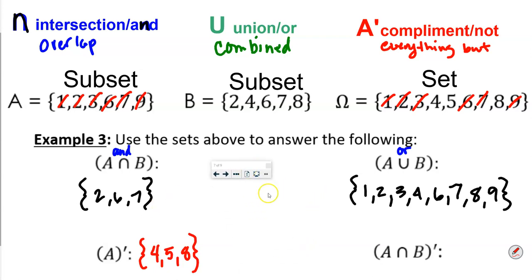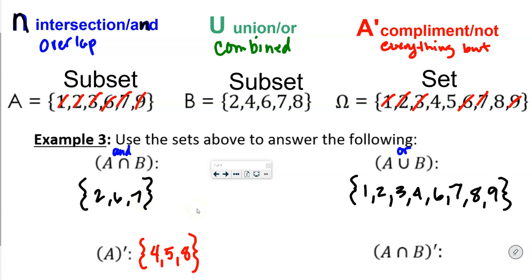Now this last one says what is everything that's not in A and B, right? So up here we had what is in A or B. Not this one, because look, this is A and B. So it's everything that's not A and B. Okay, so it means everything that is not 2, 6, or 7. See that?